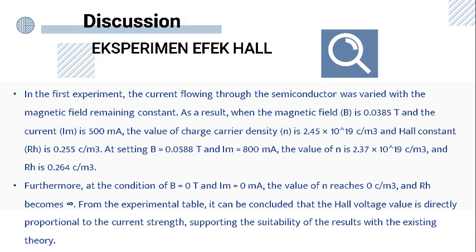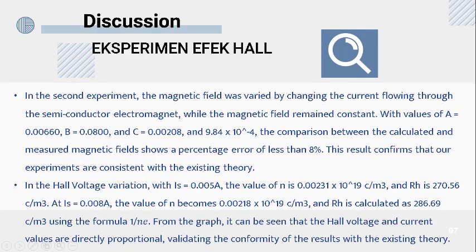and the RH is 0.264 cubic meter per coulomb. In the second experiment, the magnetic field was varied by changing the current flowing through the electromagnet, while the current through the semiconductor remained constant, with values of A 0.00660, B is 0.0800, and C is 0.00208, and D is 9.84 × 10^-4. The comparison between the calculated and measured magnetic field shows a percentage error of less than 8%.